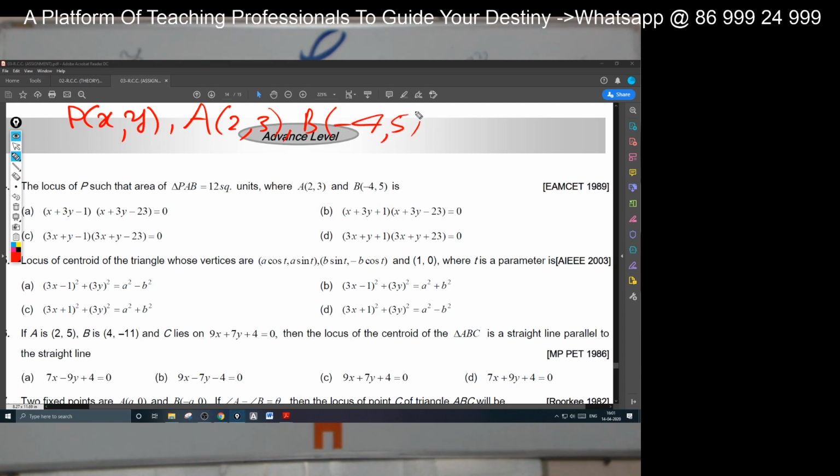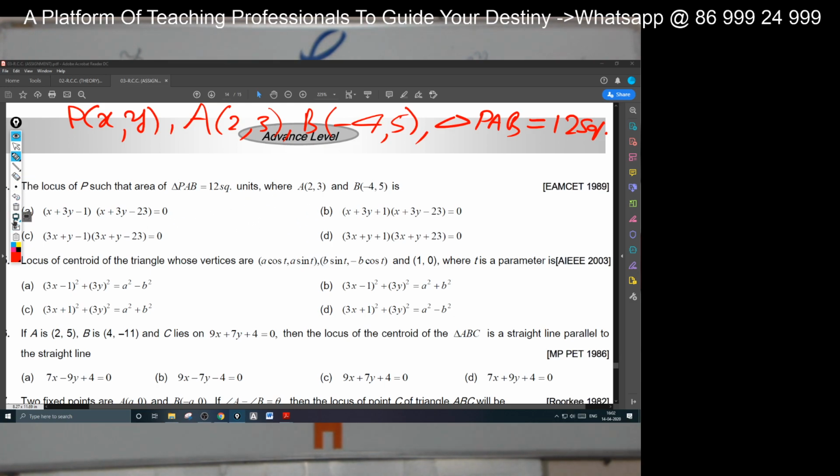Now delta PAB is given to be 12 square units.